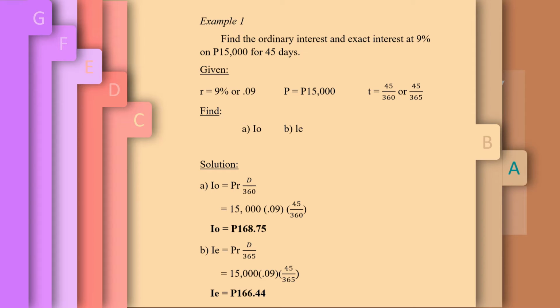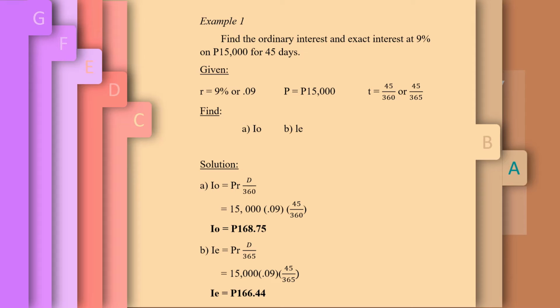The given here is 9% or 0.09, which is the rate. 15,000 pesos, which is our principal amount, and 45 days is not yet the time, since time is the length of time in a year.